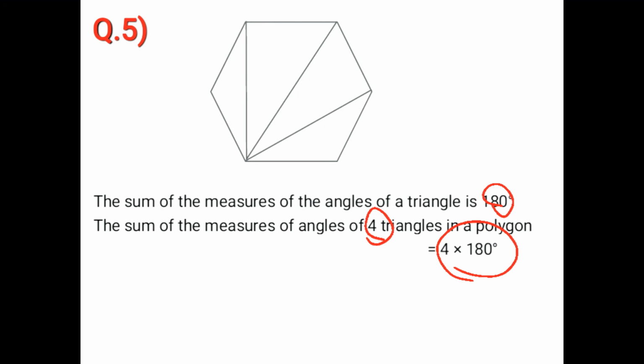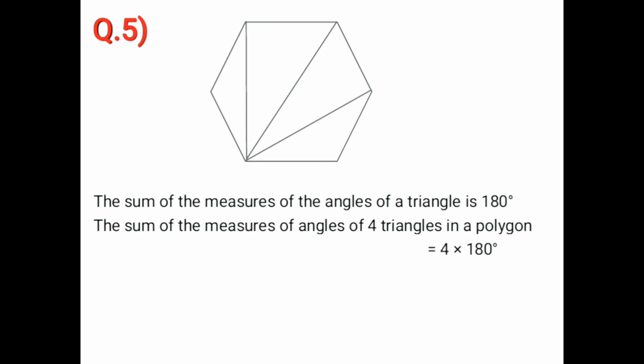Clearly I am explaining to you. The sum of the measures of the angles of a triangle is 180 degrees. Angles of a triangle means one triangle it is. Here you have to find the sum of the measures of the angles of 4 triangles, more than one triangle. When you find more than one number, it should be multiplication. That is 4 into 180 degrees.